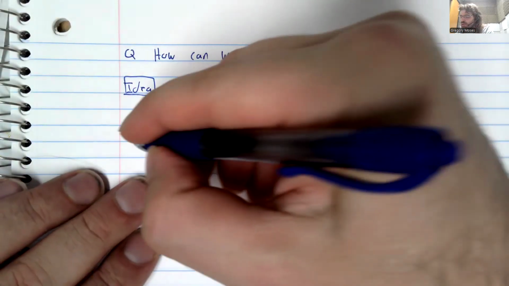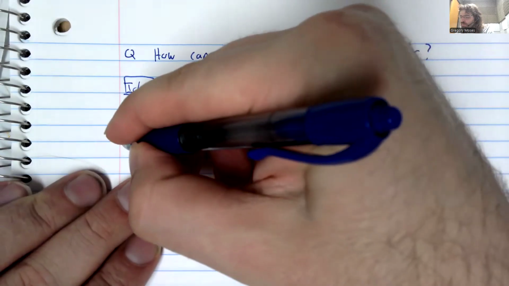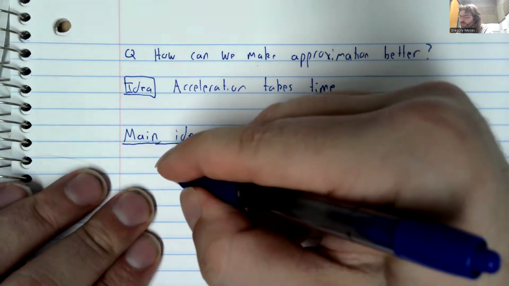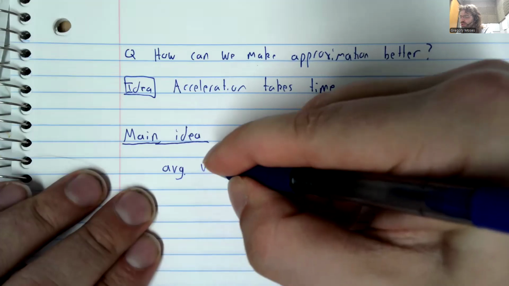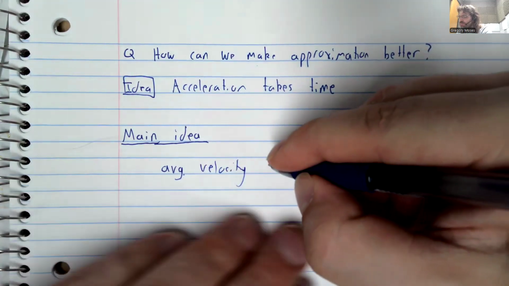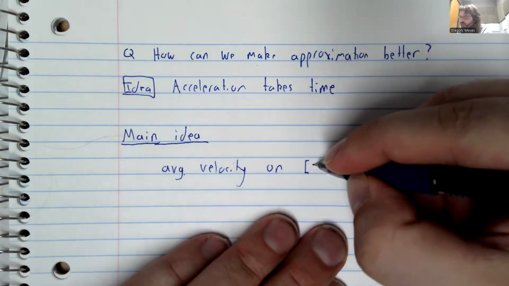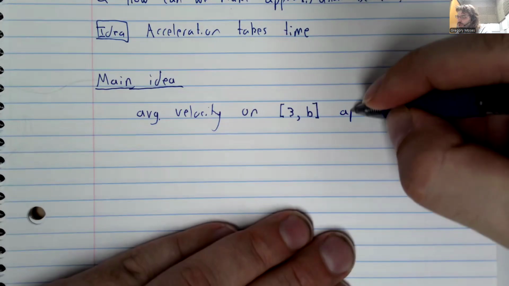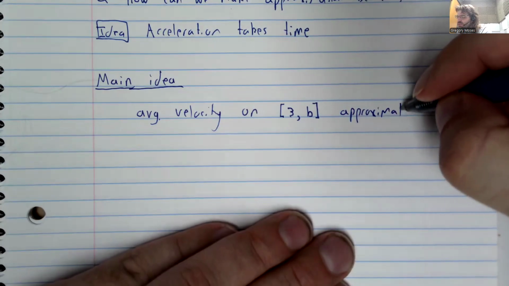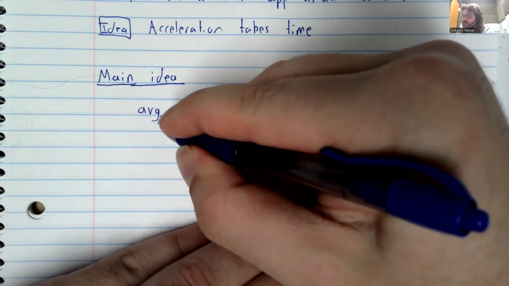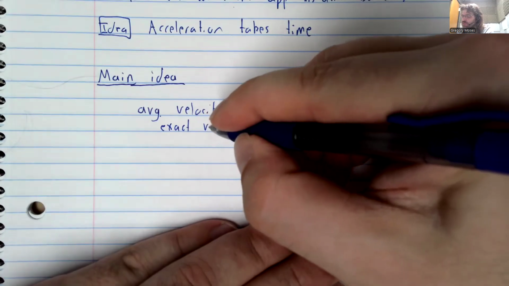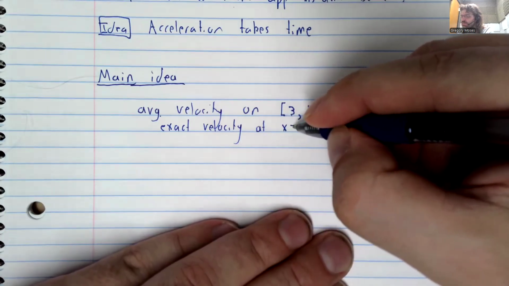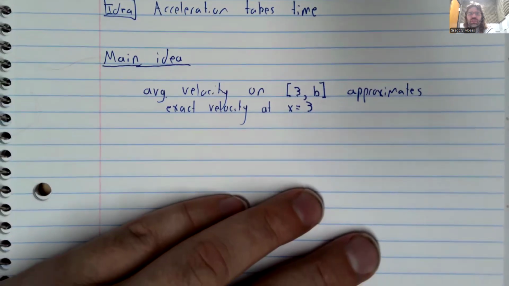The main idea of this problem is that the average velocity on an interval from 3 to, now let's put a B here, approximates the exact velocity at 3.